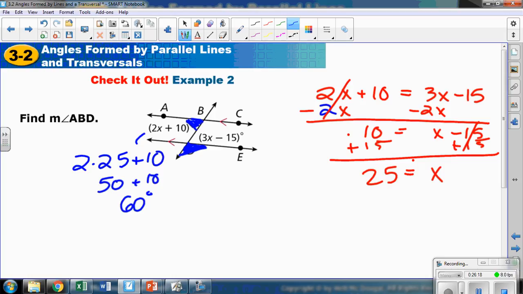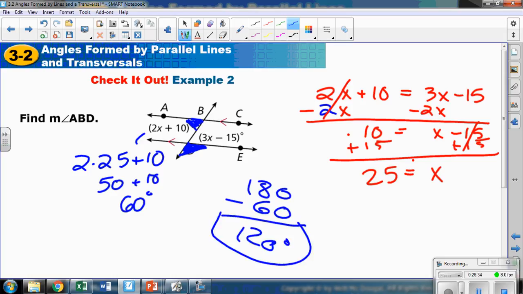They're supplementary. Clearly, one of them's acute, one of them's obtuse. They can't be congruent. So to get the angle we want, just subtract it off from 180. And we finally answered the question. The measure of angle ABD is equal to 120 degrees.